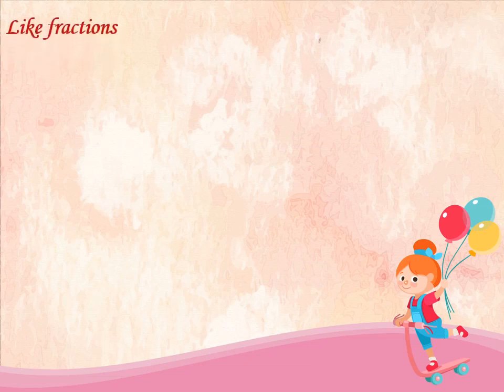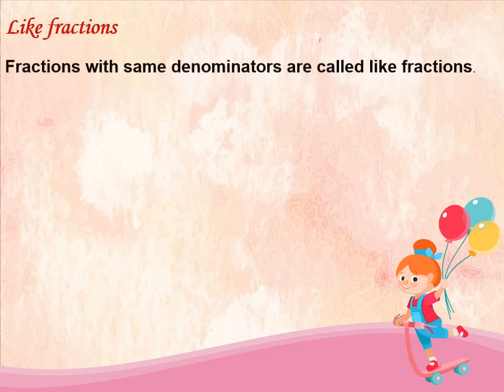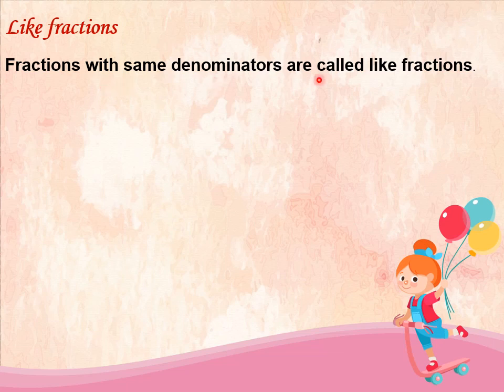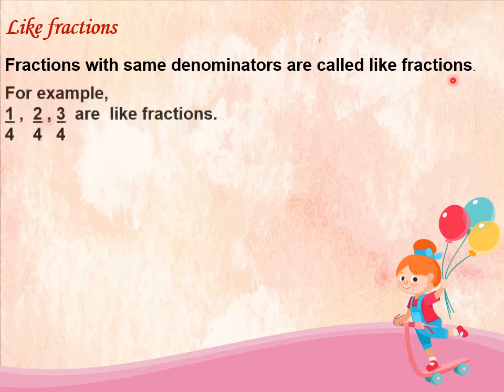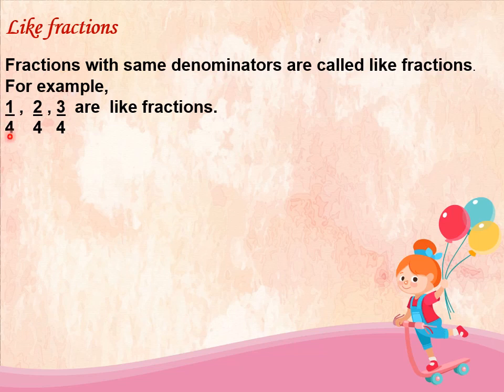Now, like fractions. What are like fractions? Fractions with the same denominators are called like fractions. For example, 1 upon 4, 2 upon 4, 3 upon 4 are like fractions. When the denominators are the same in all the fractions, they are called like fractions.